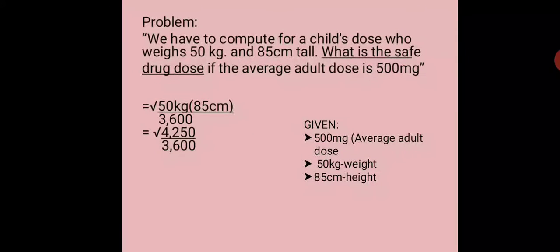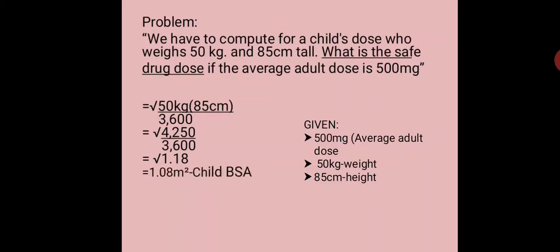From that, we divide: 4,250 divided by 3,600 is 1.18. Then we find the square root of 1.18 using a calculator. So 1.08 meters squared is the child BSA, or the square root of 1.18 is 1.08, which is the child BSA in the metric system.